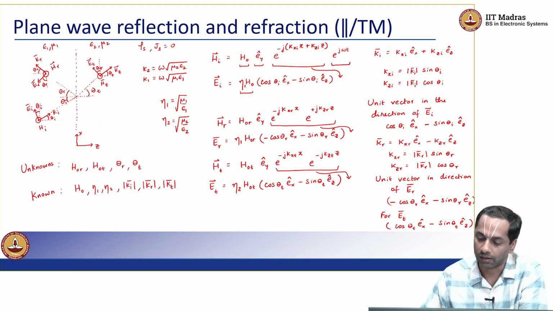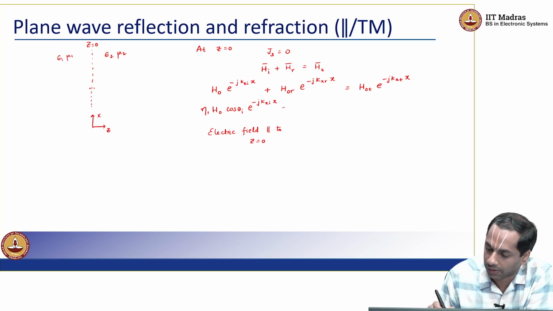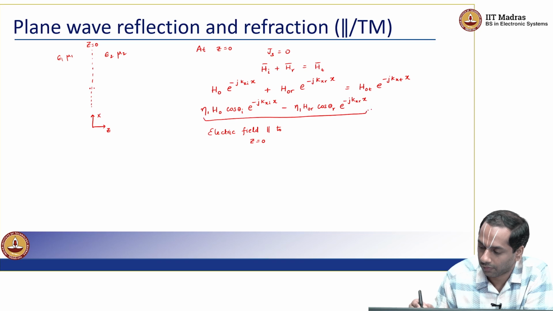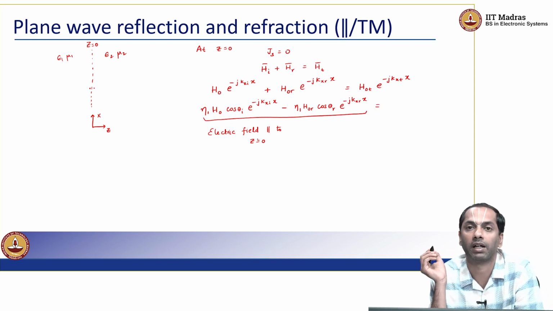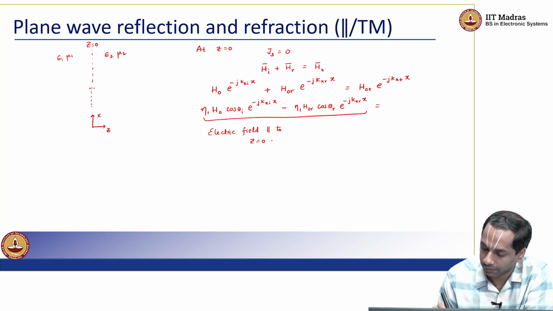Let's take a look at Er. I also have eta 1 H0r minus cos theta r Ex, so let us write that: minus eta 1 H0r cos theta r e to the minus j kxr x. This is my electric field parallel to z equals 0 on the left side.